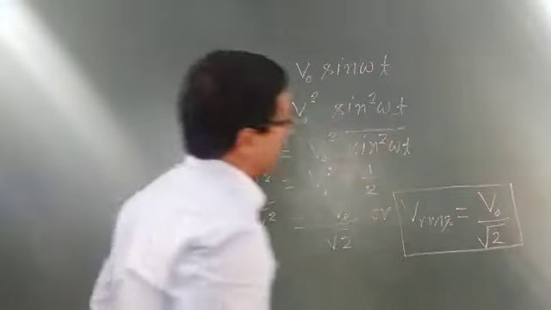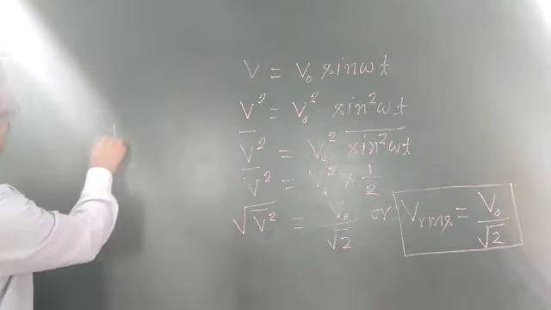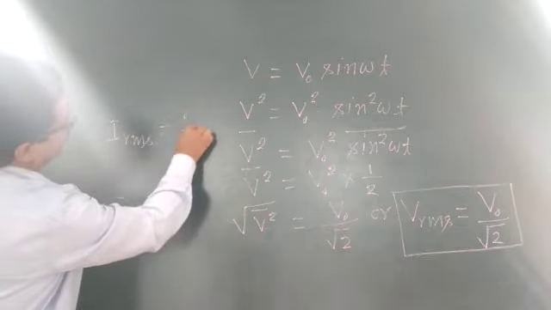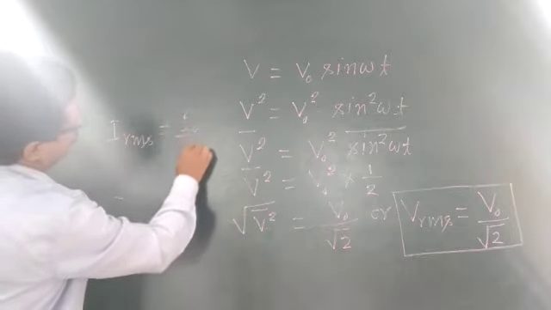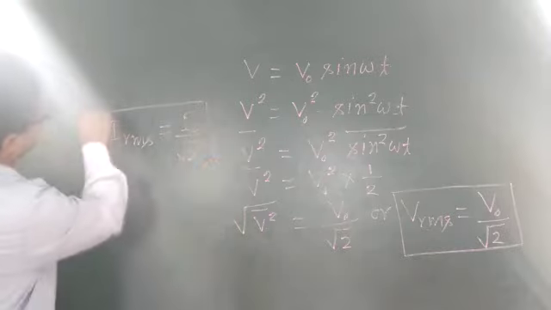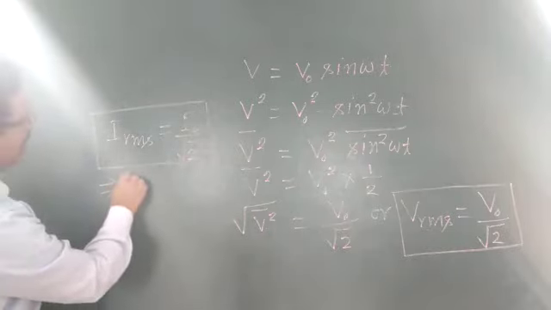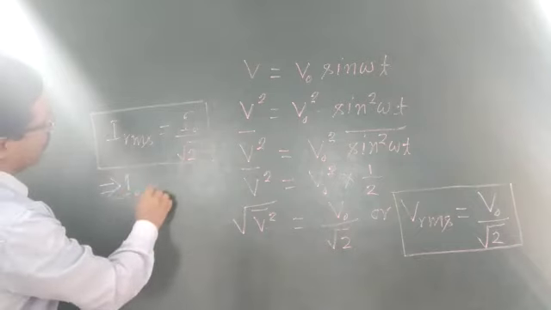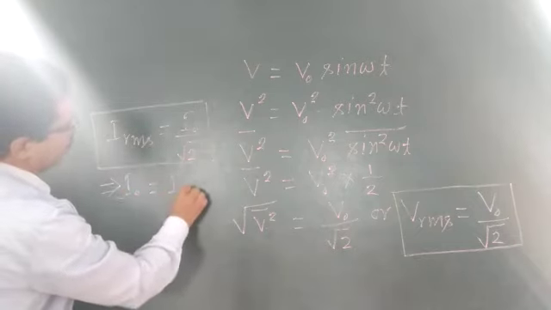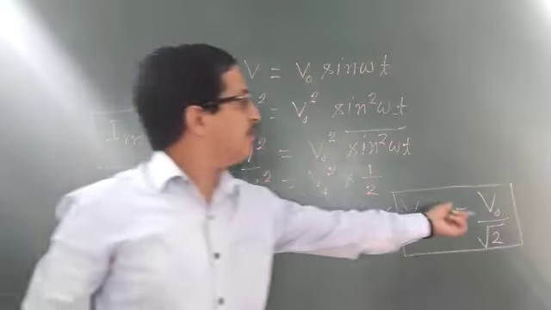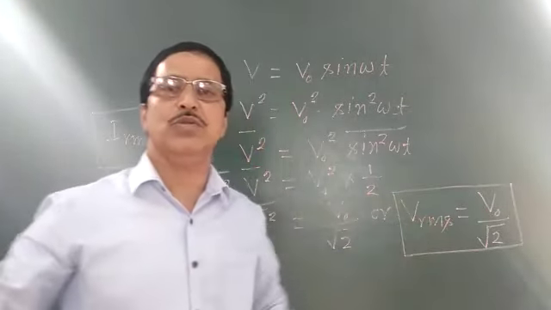In the same way, we can get I RMS equal to I0 upon square root of 2, which gives us I0 equal to I RMS into root 2. In the same way, we can get V0 equal to V RMS into root 2.